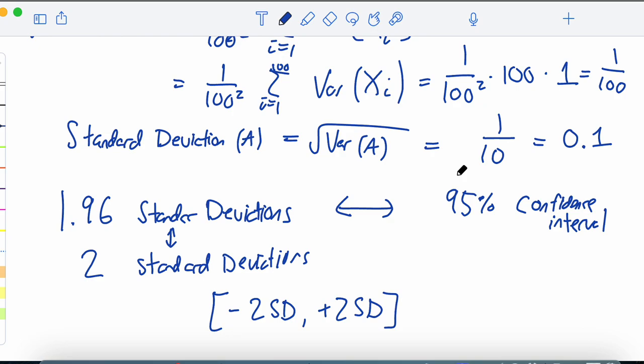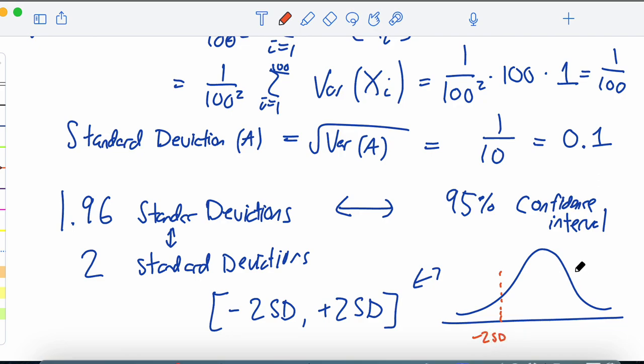Okay. So 2 standard deviations, and this works for Gaussian random variables. It really is a calculation of if you have a bell curve and you calculate the area between negative 2 standard deviations and positive 2 standard deviations. This area is a 95% area of the bell curve.